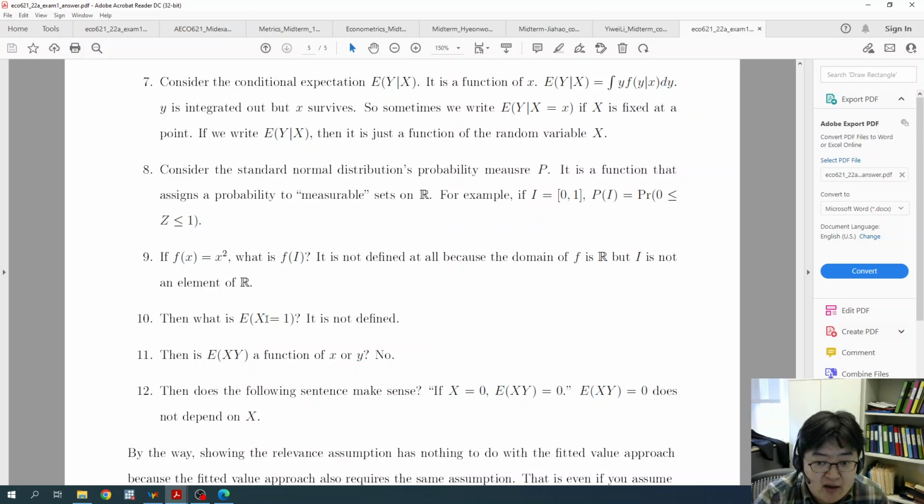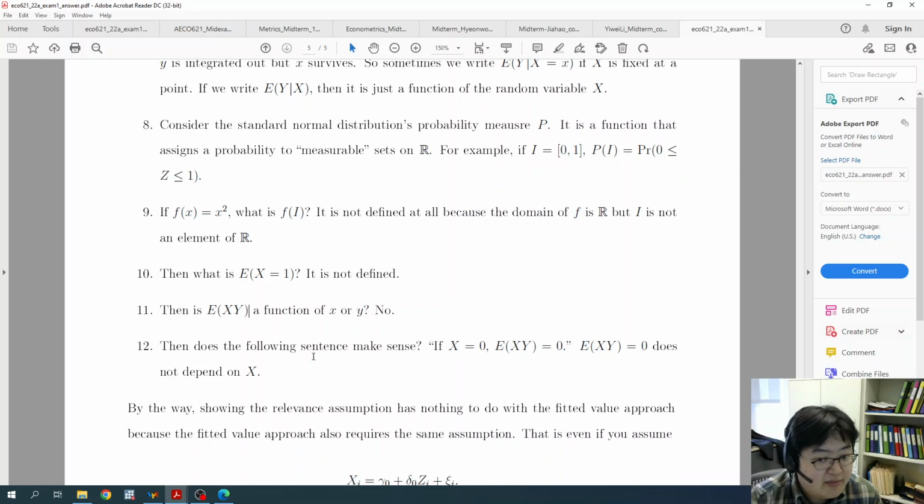Well, I don't know why equals to 1 stays inside the expectation. Then, of course, expectation of x times y is not a function at all. No, it's not a function at all. Then does it make sense? If x equals to 0, expectation of x times y equals to 0.